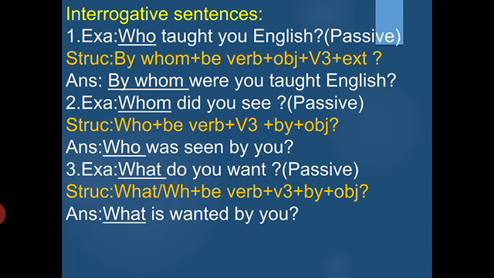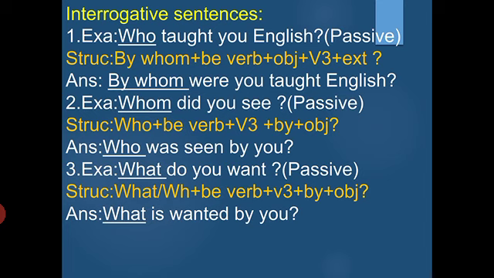For number 1, the structure is by whom plus be verb plus object plus V3 plus extension. That means if there is who in the active voice, we have to take by whom. Then be verb, then object plus V3 plus extension. And the answer is by whom are you taught English?